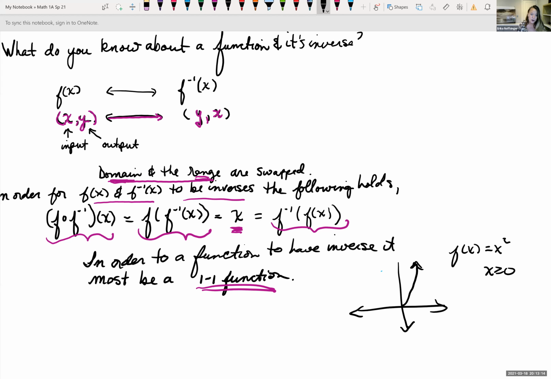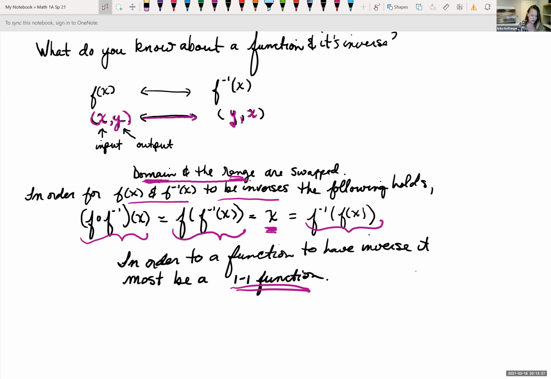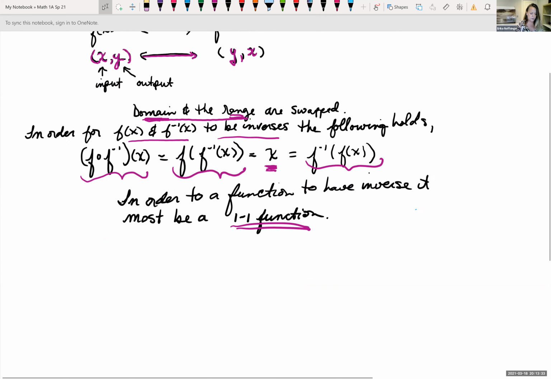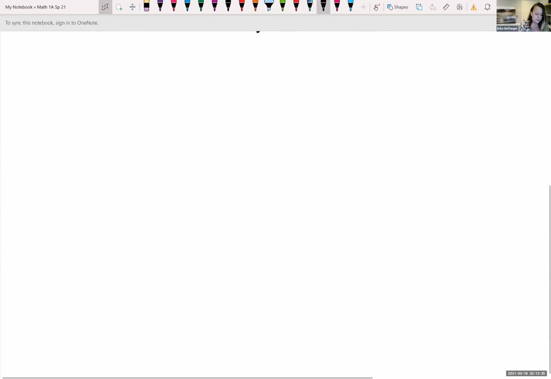Okay, so that was a quick review of algebra and inverse functions. We're doing that because we're going to be looking at the derivative of inverse functions. So let's derive this formula. We've been doing a lot of that, deriving the derivative rules. We're going to start by looking at the following.